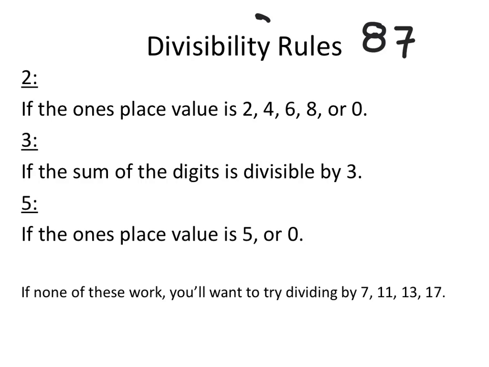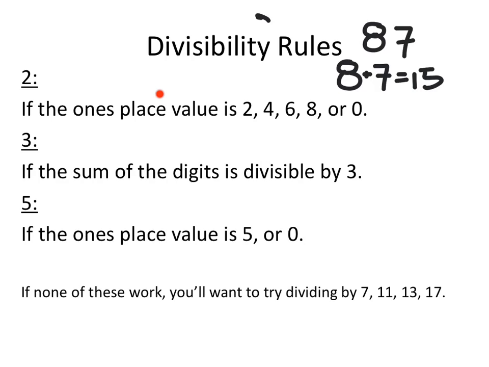What we mean by the sum of the digits is you take the 8 and the 7, and you add them together. 8 plus 7 is 15. And I know 15 is divisible by 3, right? Because 15 divided by 3 is 5. So, I know that 87 is divisible by 3, which would make it composite.